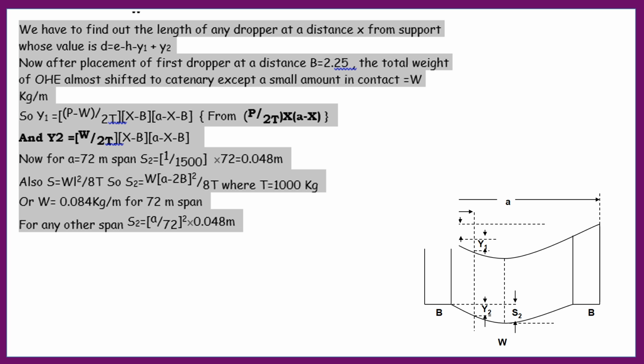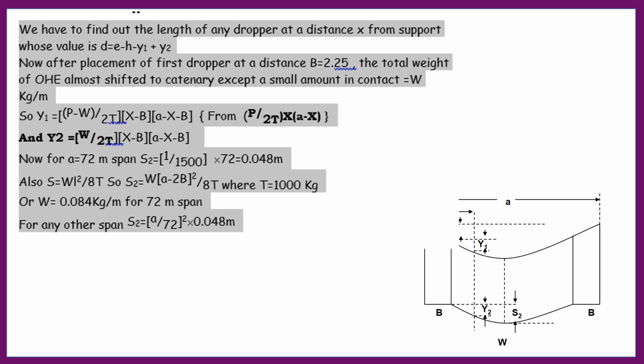A small weight will still remain after the first dropper. The amount is W. So P minus W is the weight now working, divided by 2T, into X minus B into A minus X minus B, the parabolic formula. From there you can easily find out the Y1 value, then put the Y1 value, and it will give the length of the dropper.